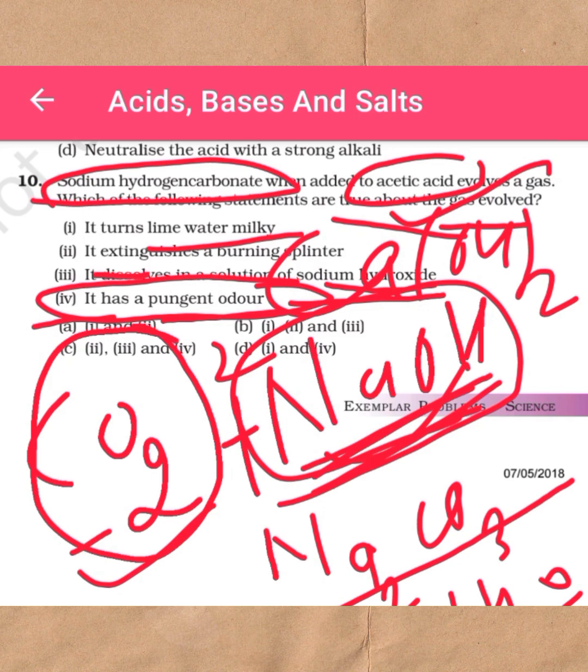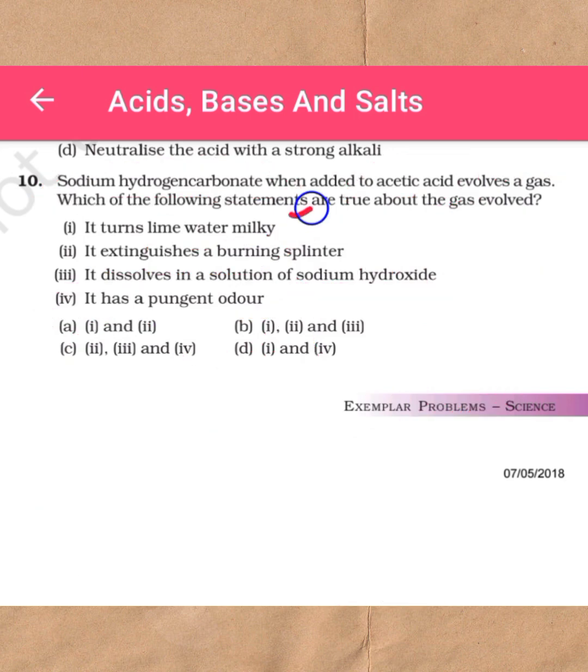So the answer can be the statement 1, 2, 3, but not 4. So 1, 2, 3 is present in option number B. Answer of this question.